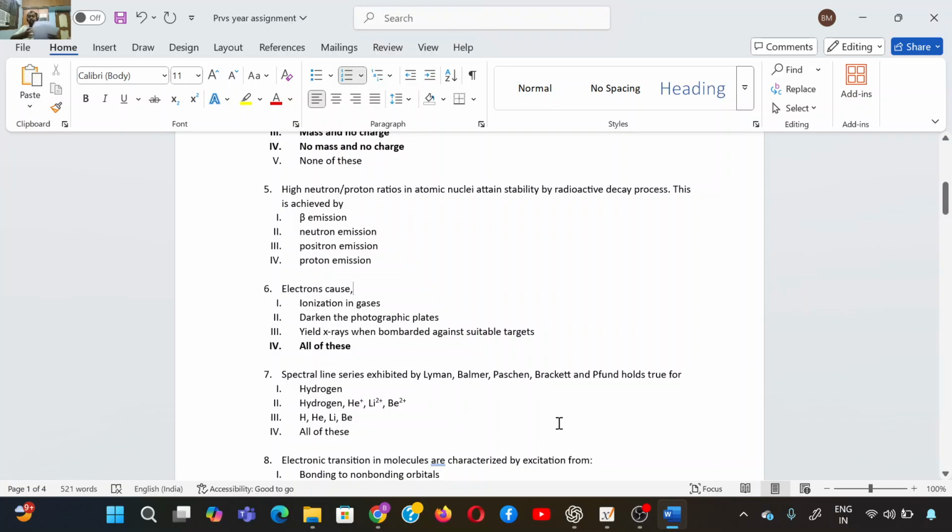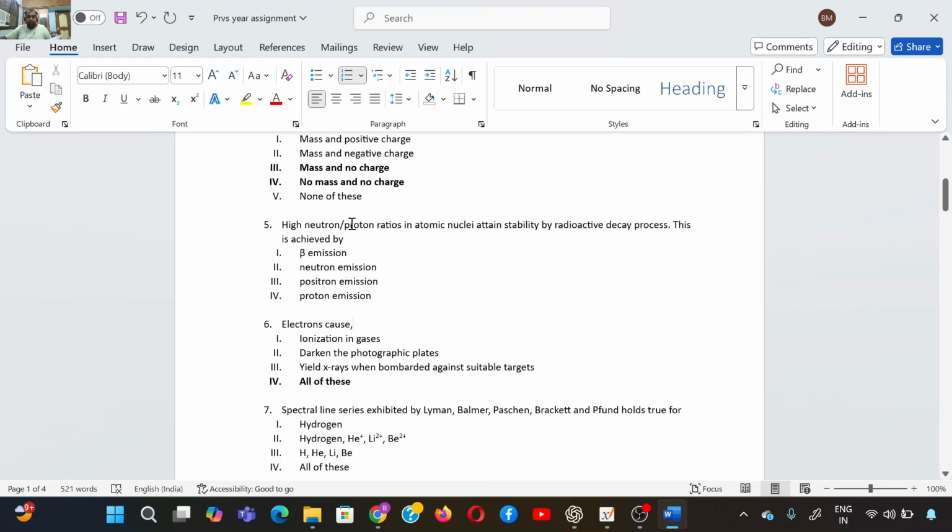Electrons do cause ionization in gases because they can knock out other electrons, because of which ions will be forming. They do darken the photographic plates, like that is J.J. Thomson's experiment, he showed it. And the third option is also true. They yield X-rays when bombarded against suitable targets.